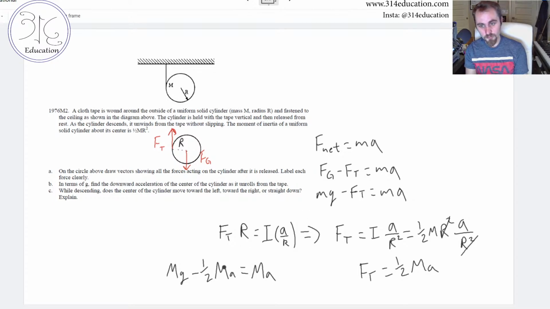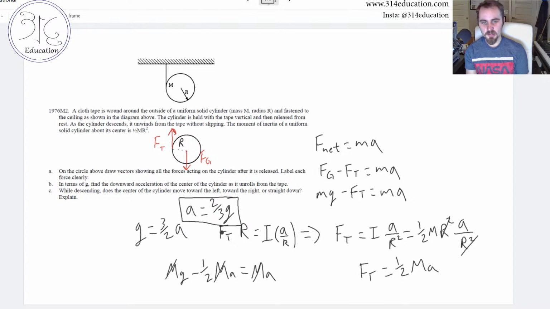Now we want to get both of our terms with acceleration together. In fact, we can divide our masses out. This gives us g is equal to, if we add 1/2 a to a, 3/2 a. Giving us our acceleration is 2/3 g.